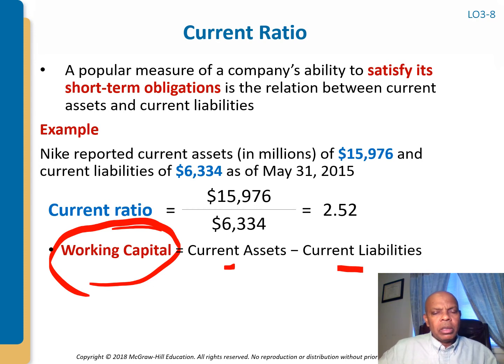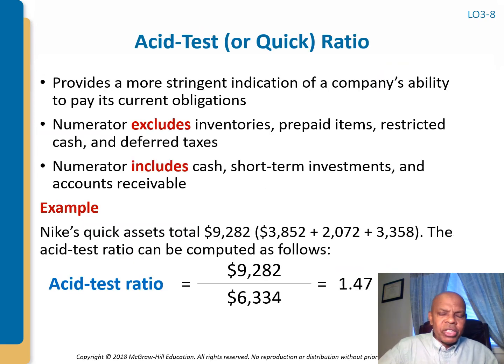when the liabilities become due. Keep that in mind. That's the current ratio. And the acid test ratio, the quick ratio, provides a more stringent indication of the company's ability to pay its current obligations. It excludes inventory, prepaid items, restricted cash, and all these other things that are not readily available to convert into cash quickly.